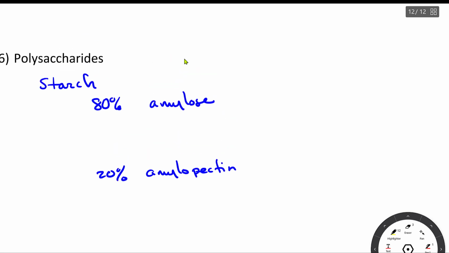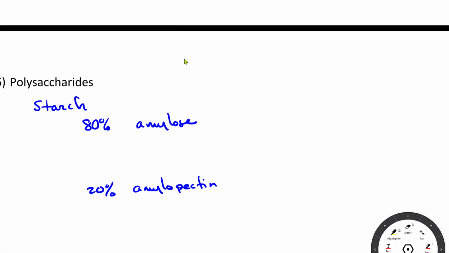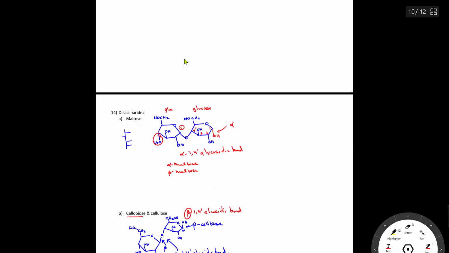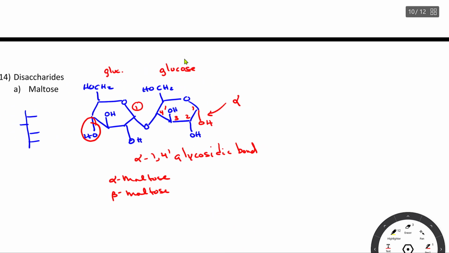Before I do this, I have shorthand notations for stuff. When I say alpha 1,4 glycosidic bond, I usually just draw it like that, rather than draw the rings, because we're going to be drawing lots of these. Let me go back up to here real quick. So this is an alpha 1,4 glycosidic bond, and I would just draw that like this.